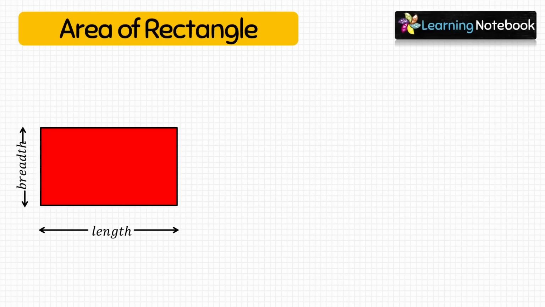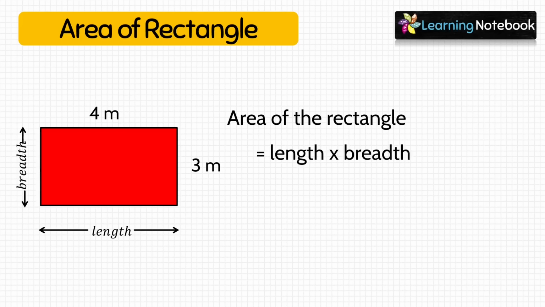Now, suppose we are given with length of a rectangle as 4 meters and its breadth as 3 meters. So, area of this rectangle equals to length into breadth, where length is 4 and breadth is 3.